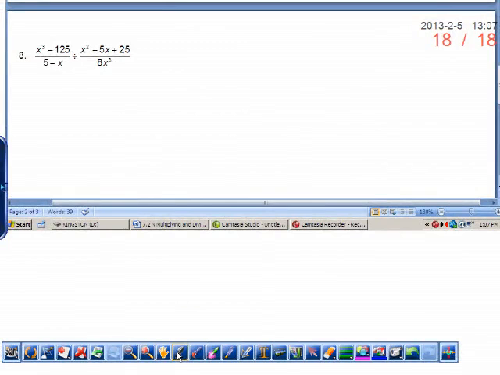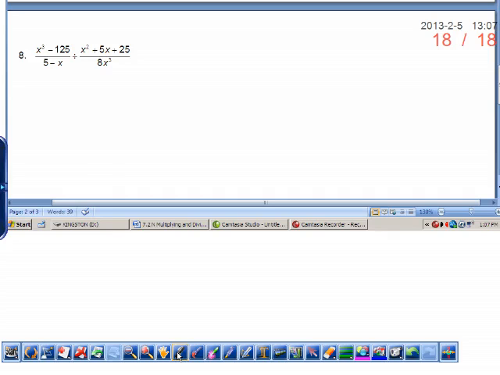Yes, that's x cubed minus 125 over 5 minus x divided by x squared plus 5x plus 25 over 8x cubed. So we're dividing two fractions. We always start by rewriting it.